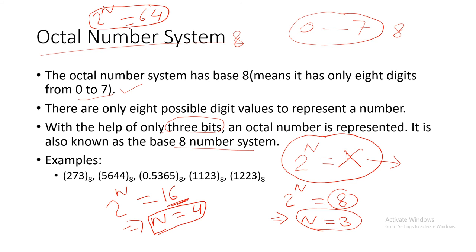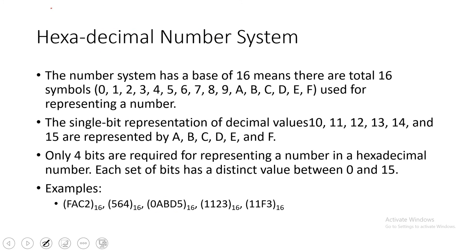You can calculate 2 to the power 1 is 2, then 4, 8, 16, 32, 64. So 2 to the power 6 is 64. If we need 64 different representations, the number of bits that we need is 6. This is the simple formula, and it will be reused again and again. You have to be very clear about it.